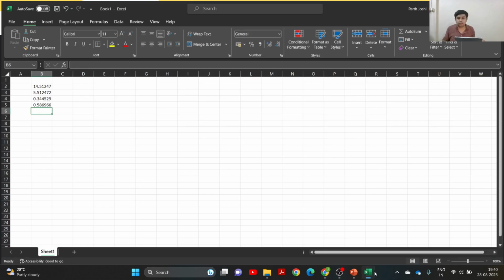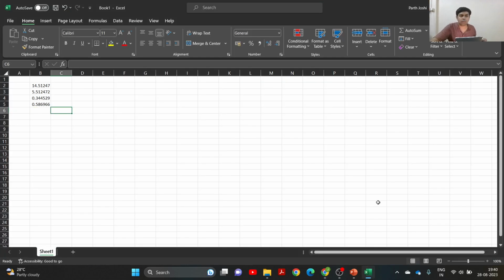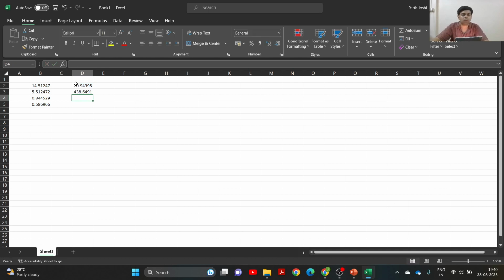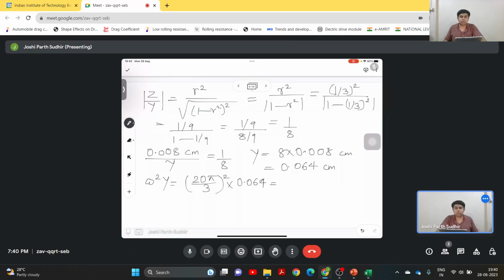So 20 pi by 3 whole square, this quantity into 0.064, gives us 28.07 as the answer.